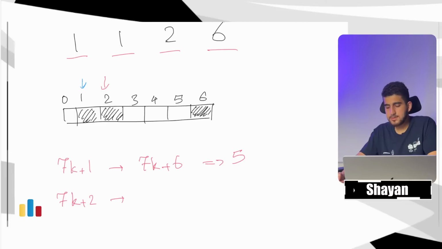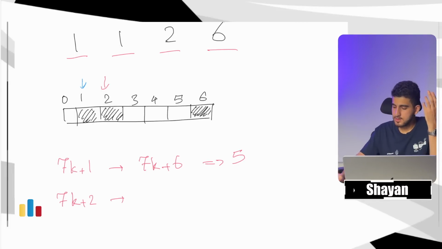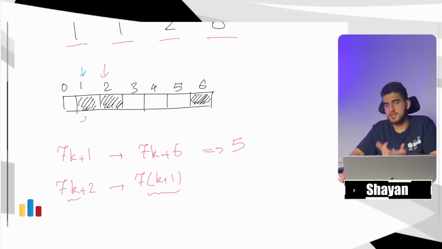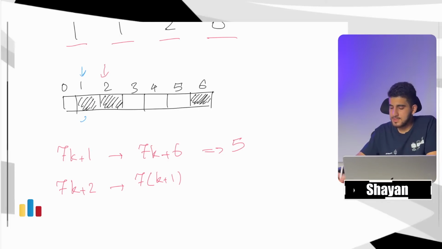Because if 7k plus 2 is the minimum, this value is going to be at least 7 times k plus 1 plus 1. This value of k cannot be the same as k for this one, otherwise it would be less than 7k plus 2. So in the least case scenario, it must be 7k plus 1 plus 1. Therefore, the distance would be 6.